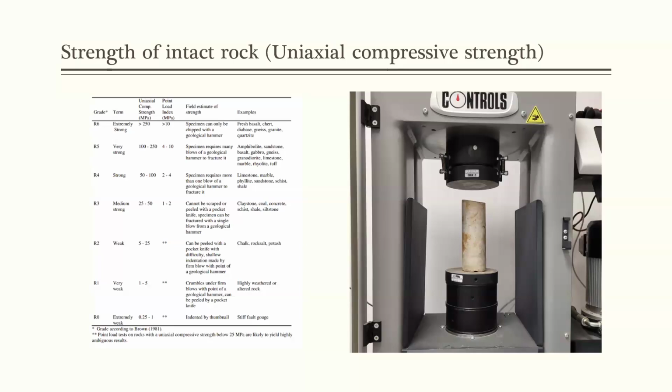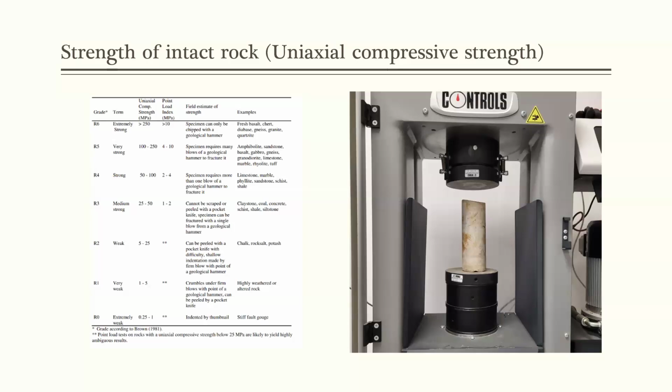Conversely, as uniaxial compressive strength decreases, fragmentation size decreases also. This results in softer rocks, which produce smaller fragments, making it easier to achieve desired fragment sizes.